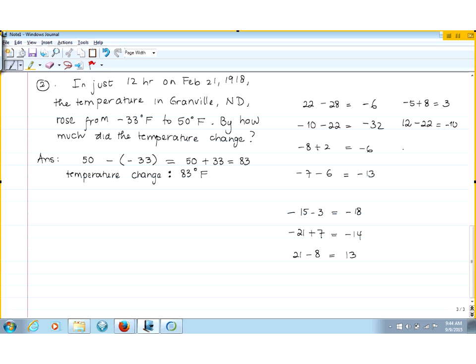Positive or negative? Negative 10. What is 15 plus negative 27? What is it? Negative 12, yes. What is negative 10 minus 9? So anyway, if you know, then we're good.